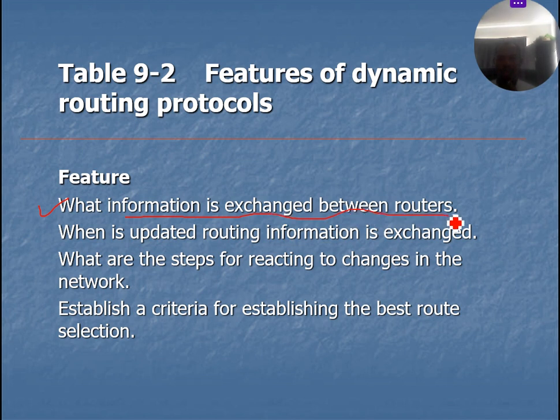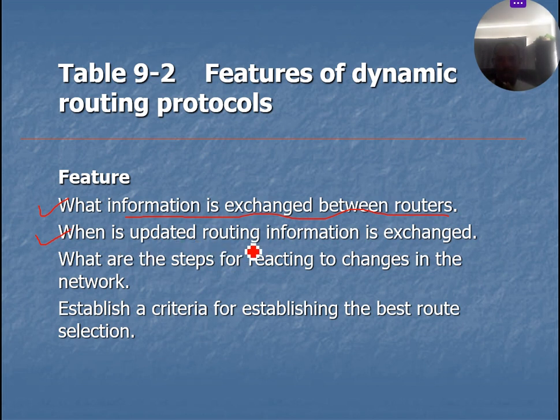These are some of the questions you need to ask yourself before you opt for which type of routing protocol you want to use. Okay, another is when is updated routing information exchanged? After the neighboring routers update their routing tables with the information they've received from the adjacent router, when will the information be exchanged?